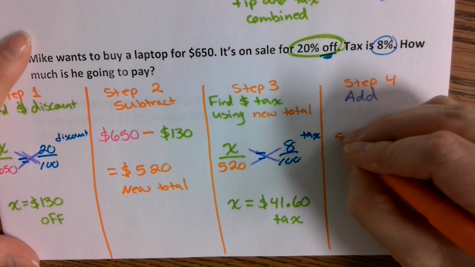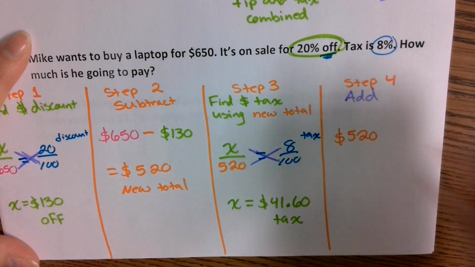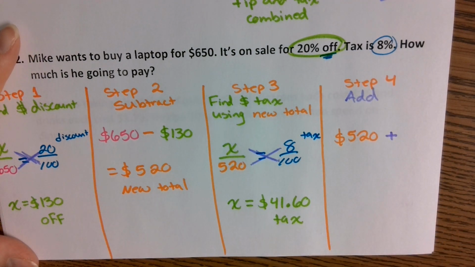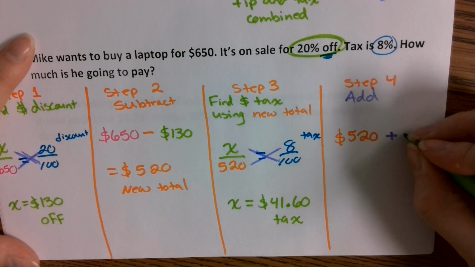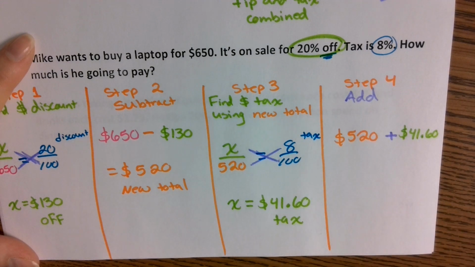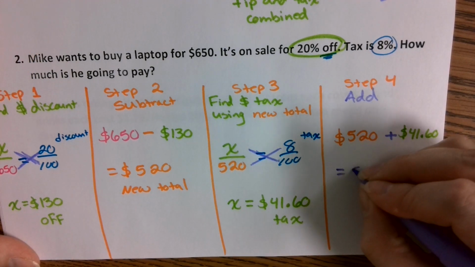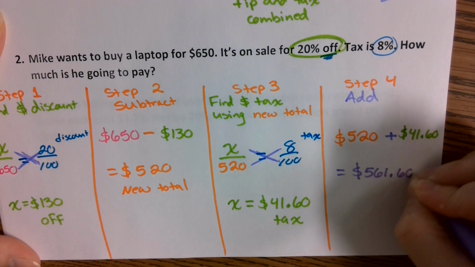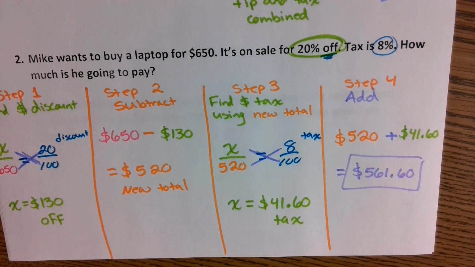So we're going to take our $520 and we're going to add our tax, the $41.60, together. That comes out to $561.60. That's your final answer.